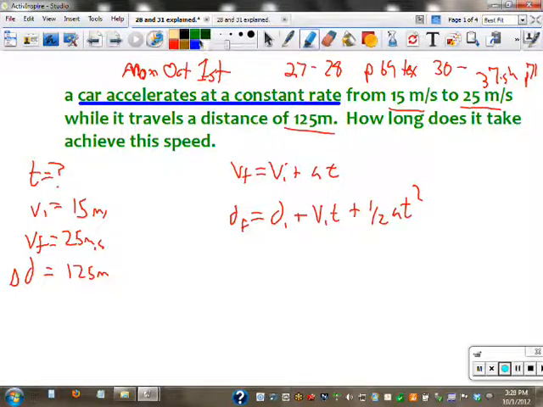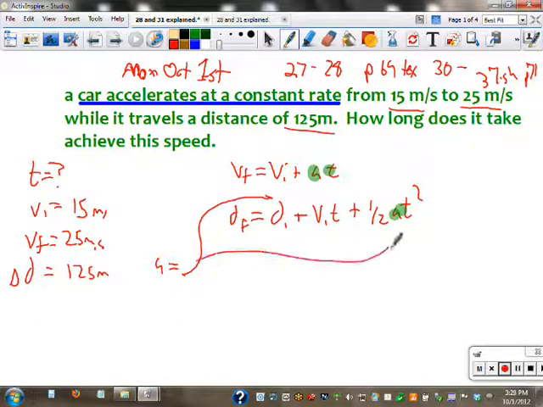Now in both these examples, I don't know acceleration, nor do I know time. As soon as you know two things, you can't use a formula. But what we can do is I do have enough stuff to solve for acceleration by itself. And once I solve for acceleration, then I could use either one.